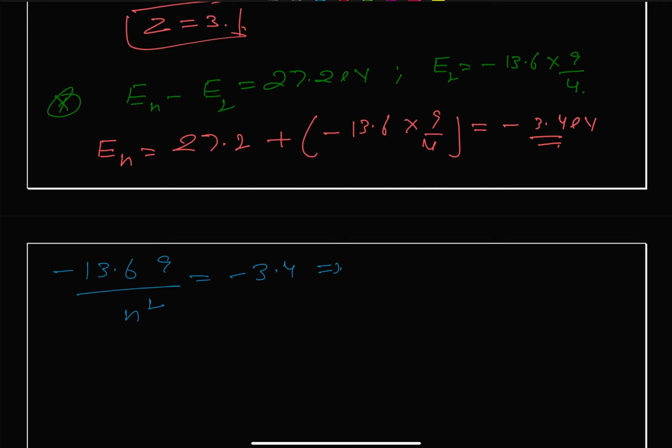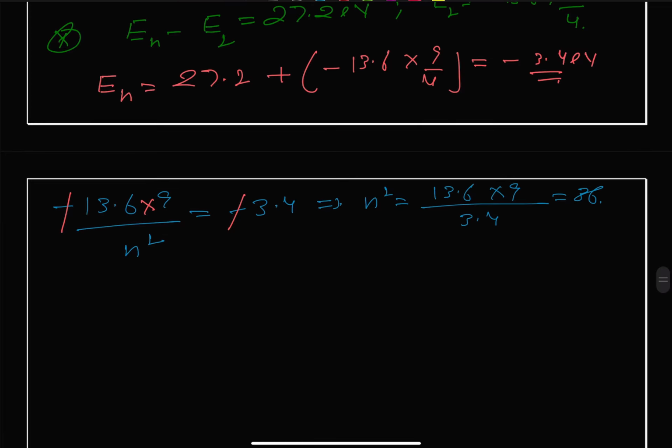So the minus and minus cancel out, and we get the value of n square equal to 13.6 multiplied by 9 divided by 3.4, which gives us 36. Therefore the value of n is equal to 6.